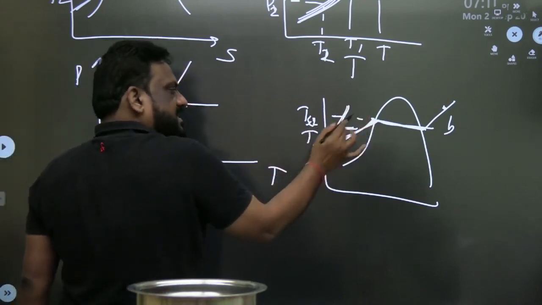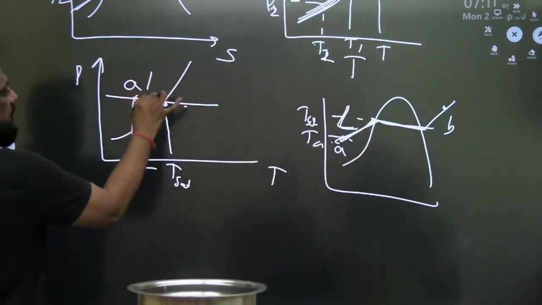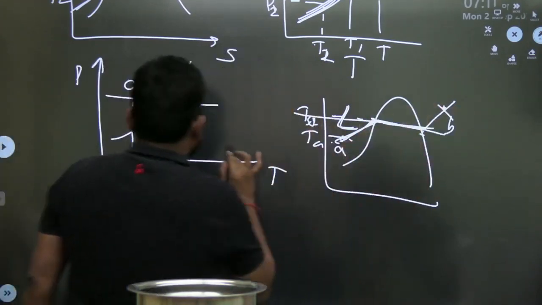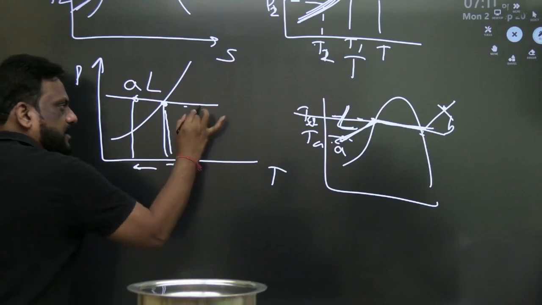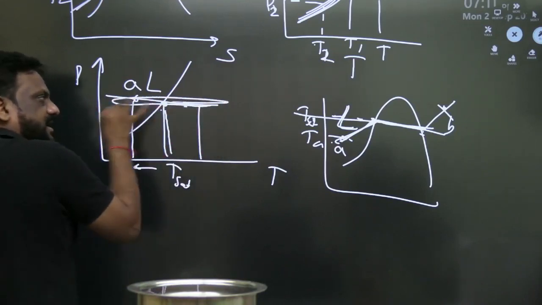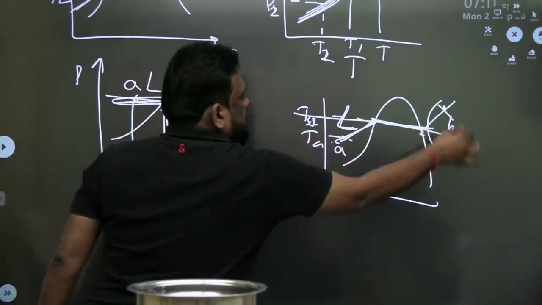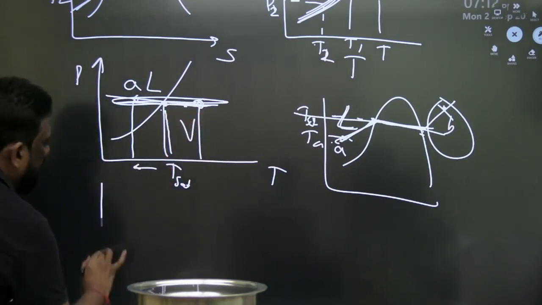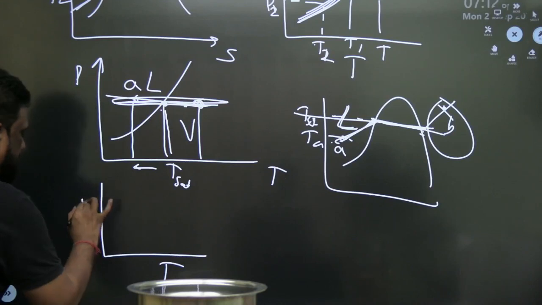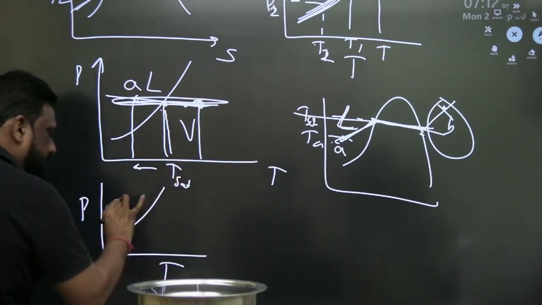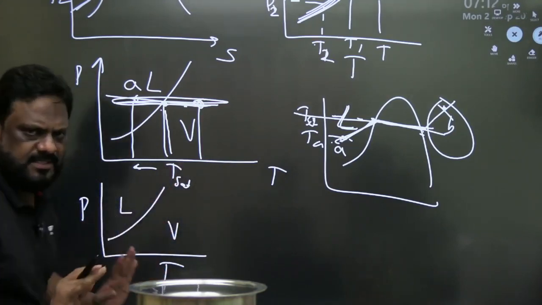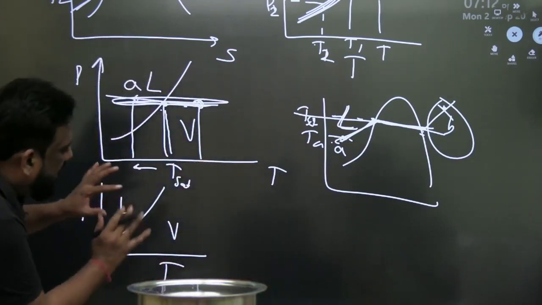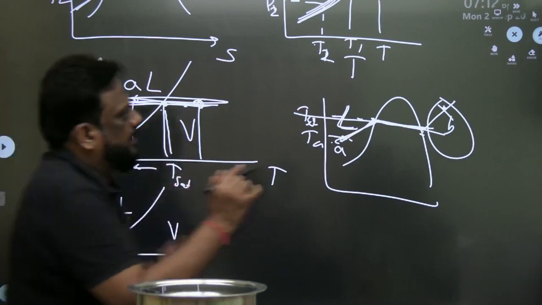So whenever the temperature is less than saturation, it will be in the liquid region. At B, the temperature is more than saturation at a given pressure, and this will be in vapor state. So the broad idea is, if this is the temperature, this is the pressure, and this is the saturation curve, this will be the liquid region and this will be the vapor region. There is no problem with this. Now, with this information, let us proceed, my dear students.